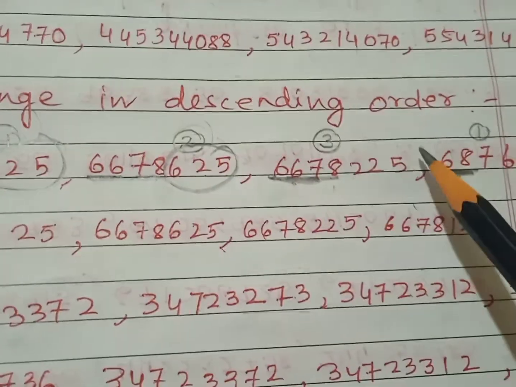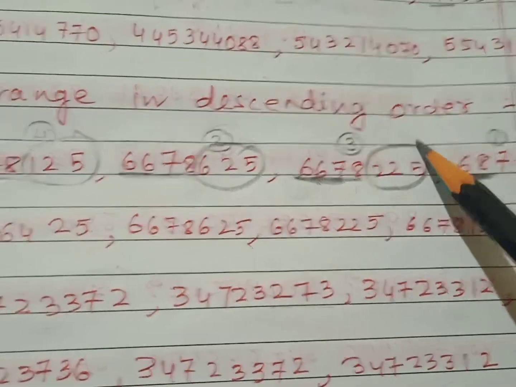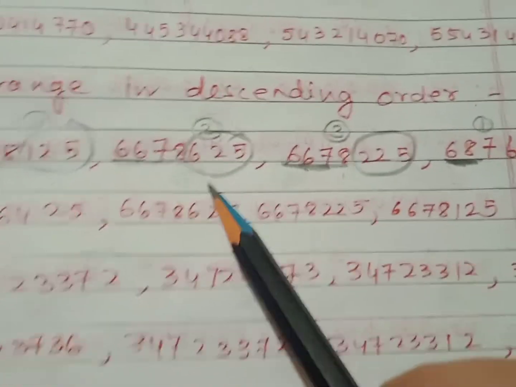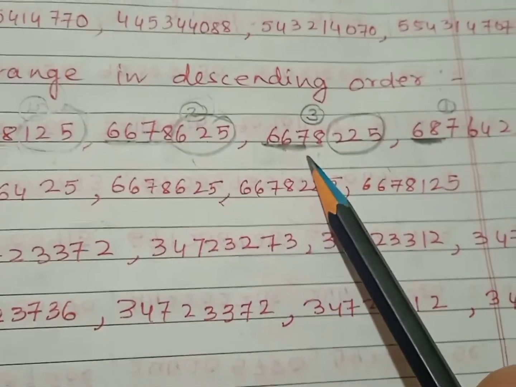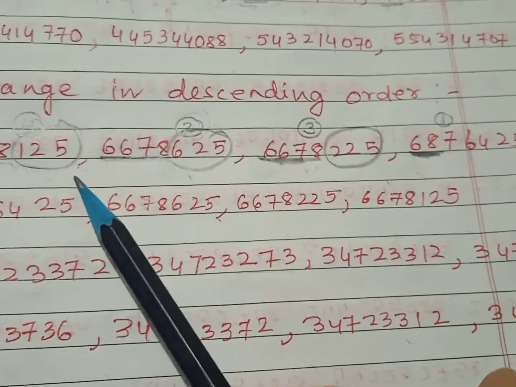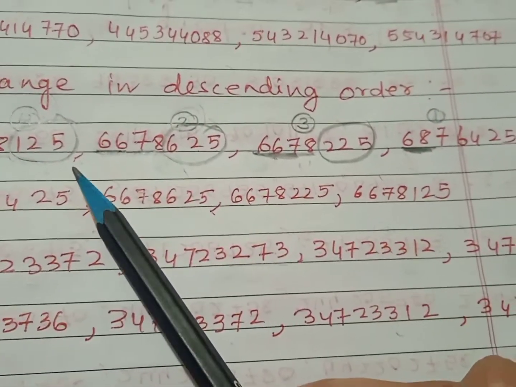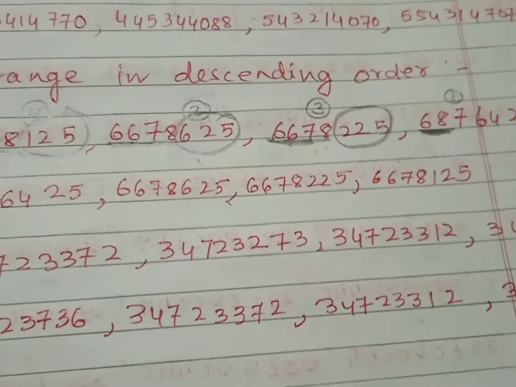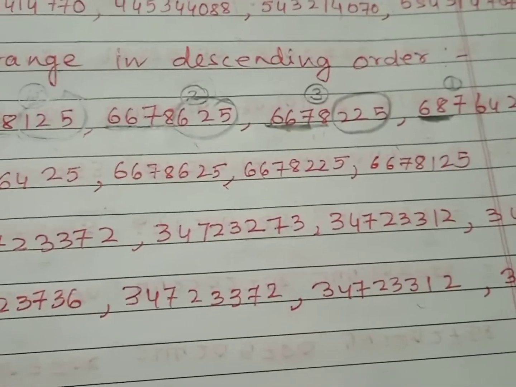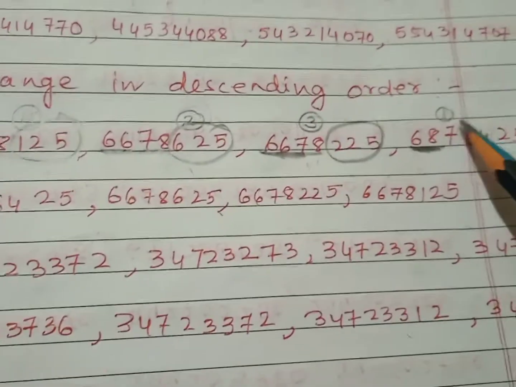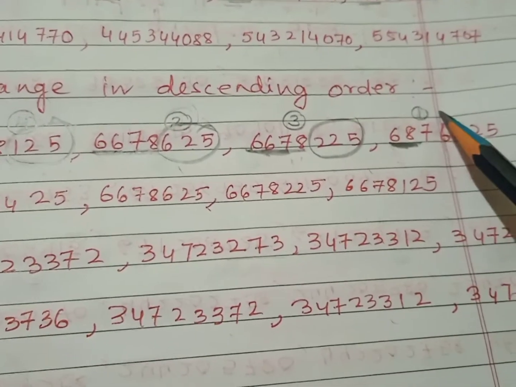125, 625, 225. Which is the smallest one? Or rather, since we are doing descending order here, we will see which one is the biggest out of these, because the biggest out of the 4 numbers we've already decided.